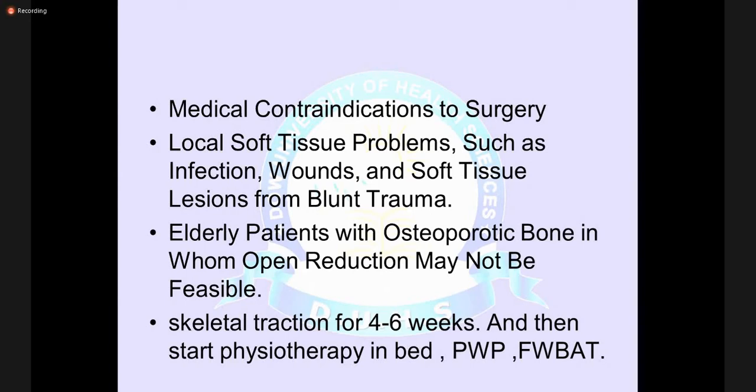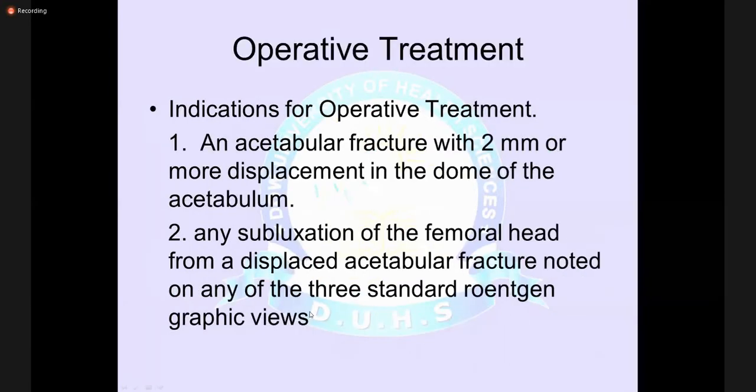Also elderly patients in whom the bones are osteoporotic and will not support the implant, that is also a contraindication. The treatment is skeletal traction for 4 to 6 weeks, then short physiotherapy in bed, partial weight bearing, and full weight bearing.